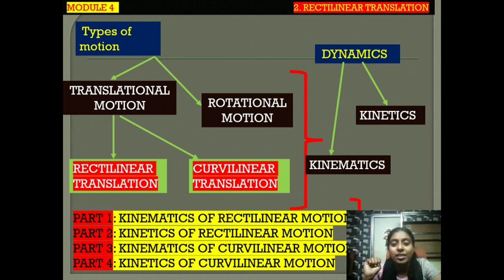So among this, we have seen kinematics of rectilinear motion. And in kinematics of rectilinear motion, we saw how to apply the equation of motion for kinematics. That is how to determine the relationship between the distance, velocity and acceleration, the geometry of position of the bodies.